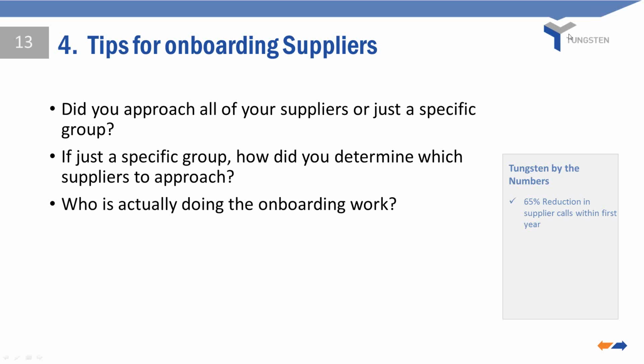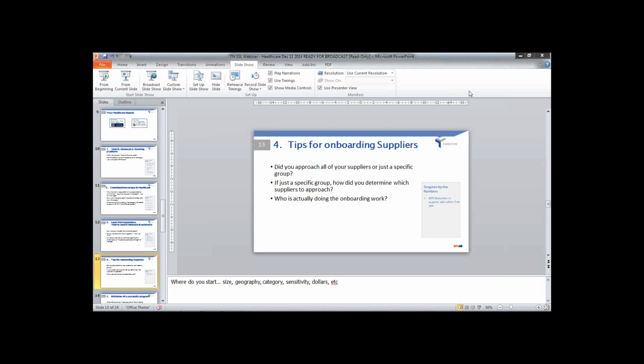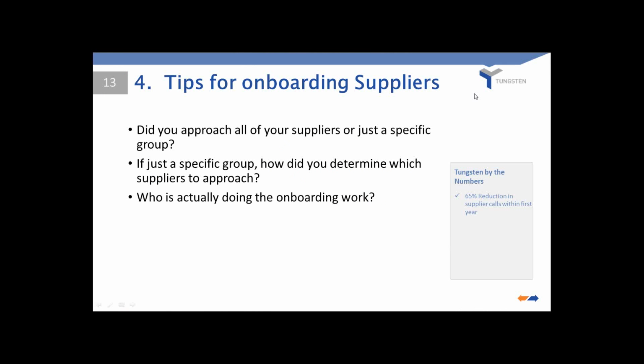Yeah, that's great, Ben. And again, we've seen some significant numbers and changes as we go. So Ben, in terms of approaching suppliers, when you think back, did the VA approach all suppliers, or did you go through an exercise where you carved out specific groups?